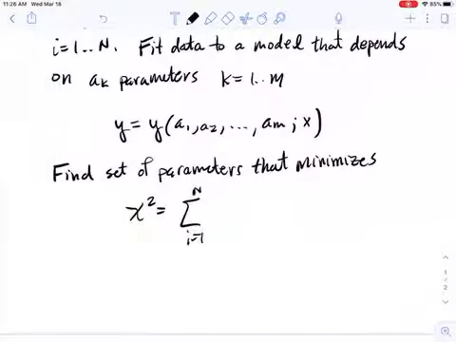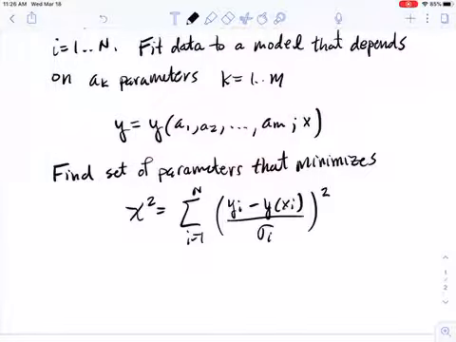So chi-squared, remember, was to take the measured y value, subtract it from the calculated value when x is xi. We're going to weight this by the uncertainty sigma, square that all and add it up for all the points.